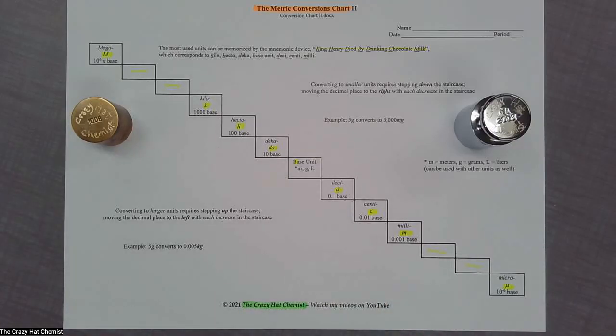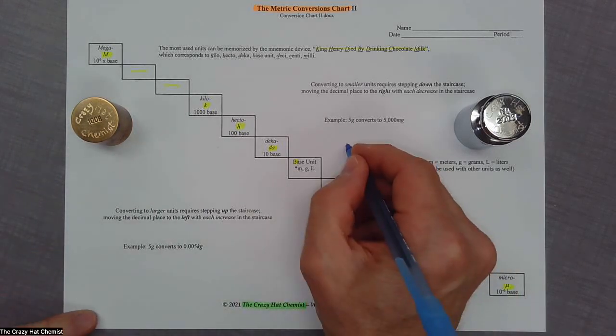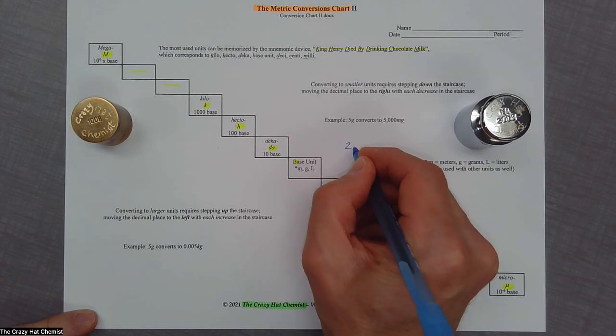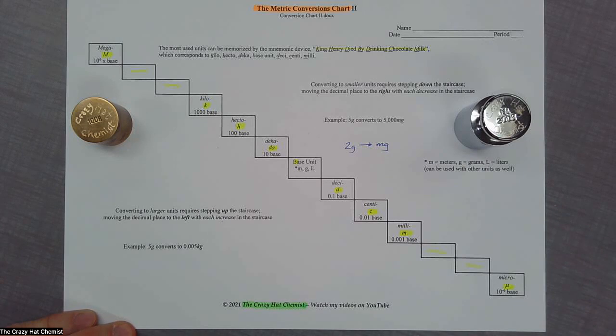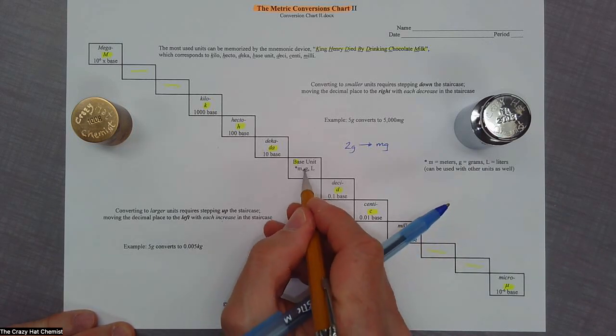And I'm going to give the same example that I did on the previous video. So actually, it's going to be just slightly different just to confuse and confound the innocent. So if I have, let's say, 2 grams, I'm going to convert that into milligrams. So this is what I'm going to have to do. I'm going to go from grams.